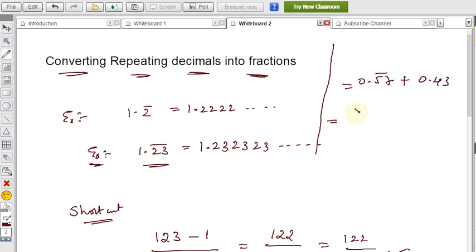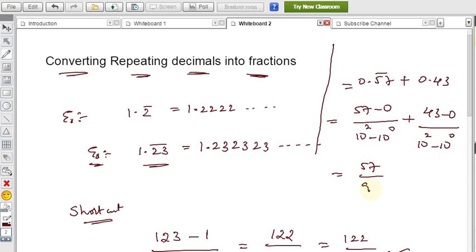This is 57 minus 0 by 10 to the power 2 minus 10 power 0, plus 43 minus 0 by 10 to the power 2 minus 10 power 0, because there are no non-recurring digits after the point. So 57 by 99 plus 43 by 99, that is 100 by 99.